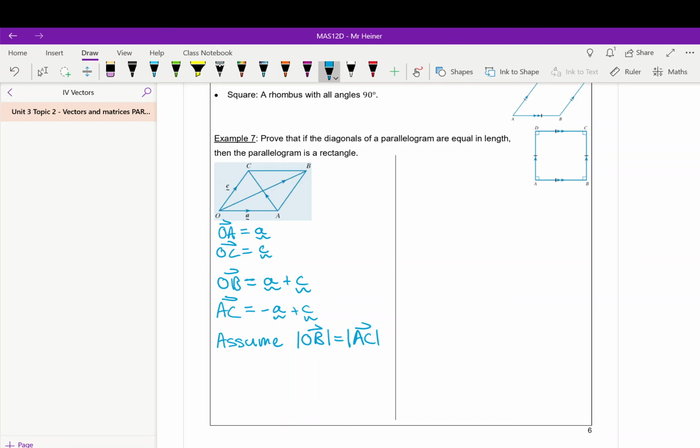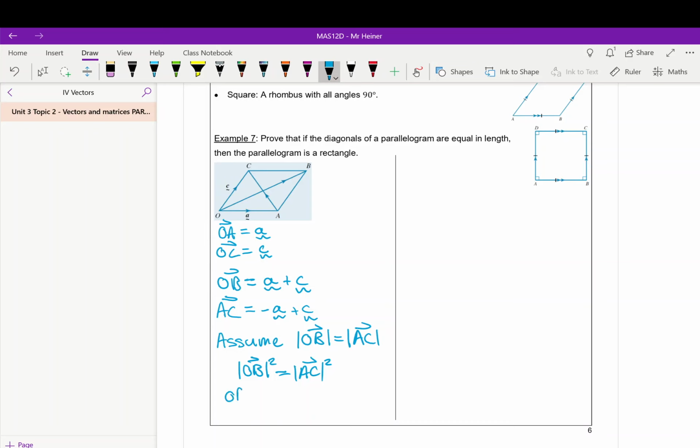Well, a property about the magnitude is that the square of the magnitude can be found using the dot product. So if we square both sides of these, we can use the fact that the square of the magnitude is just the vector dot product with itself.